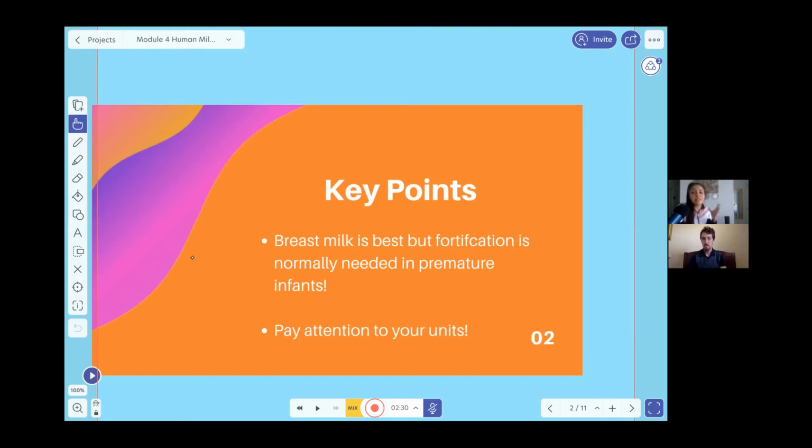But in the case of a premature infant, that's never really seen. So fortification is necessary. Yes, it does still denature the breast milk, but the priority here is to provide the baby with the essential nutrients, because we want to get this baby to grow and make sure that they're growing at the right rate. Does that make sense? Yeah, makes sense.